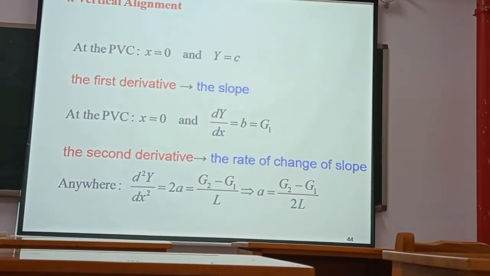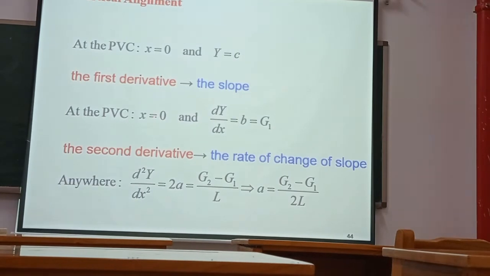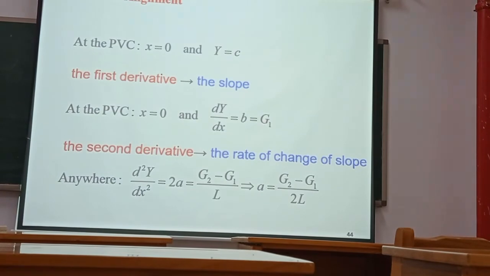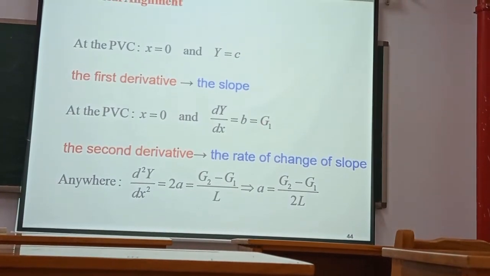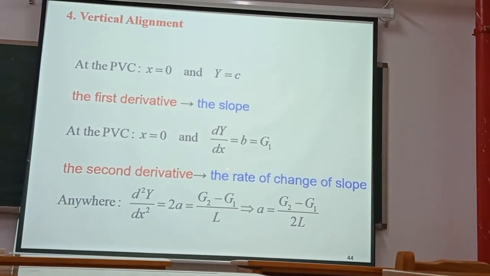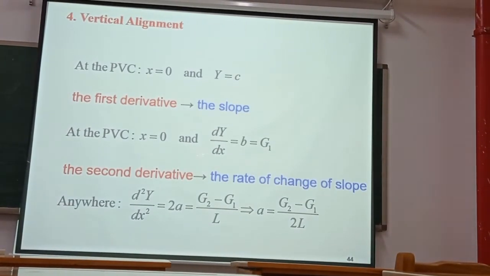We can get at the PVC x equal to 0 and the first derivative dy/dx equals b, which equals G1. Yes or no? Yes. Okay.